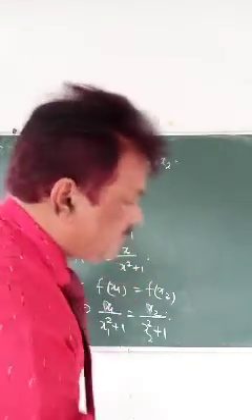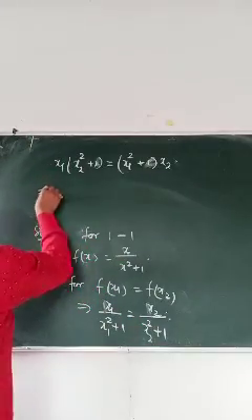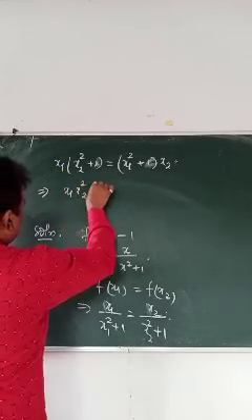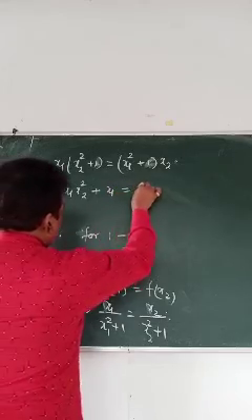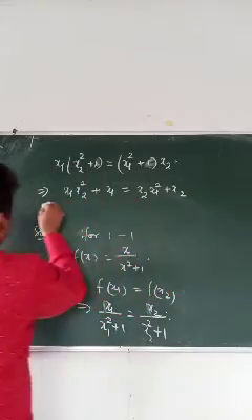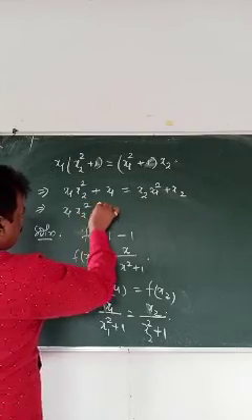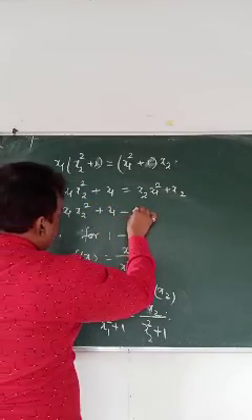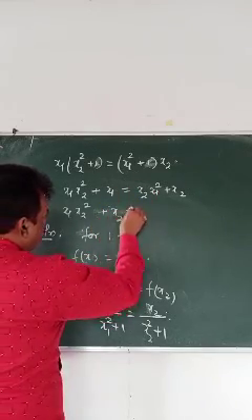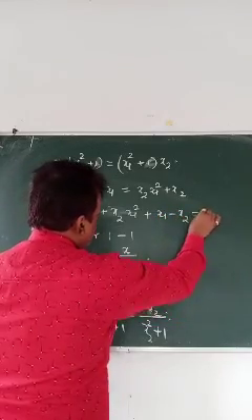So what you do is, x1 x2 square plus x1 equals x2 x1 square plus x2. If you bring them to one side, x1 x2 square plus x1 minus x2 x1 square minus x2 equals 0.